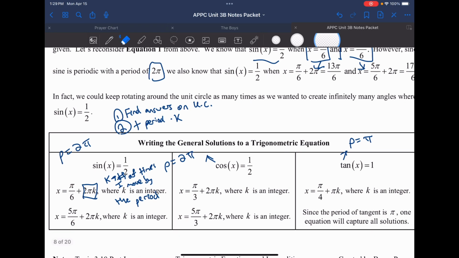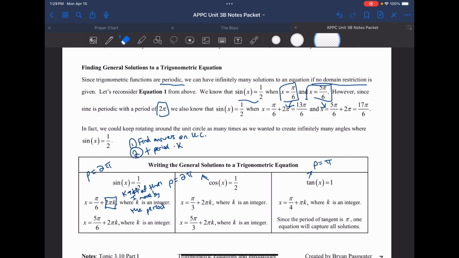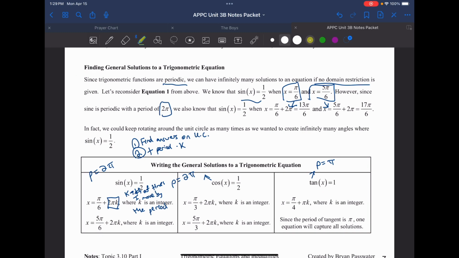So in the example that I just highlighted here, this is saying I start at pi over 6 and move by 1 period. So my k value here is 1. If I wanted to move by 2 periods, I would have 2 pi times 2, and that would move me 2 periods. Because all of those output the same answer.